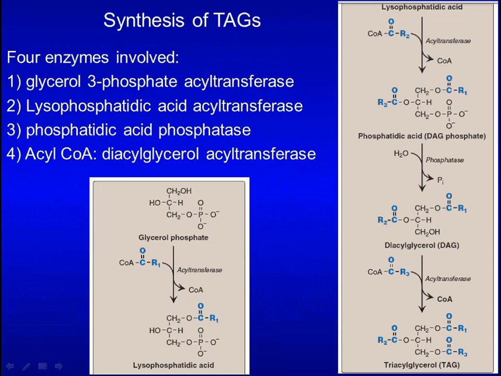Synthesis of triacylglycerol begins with glycerol 3-phosphate. Acyl transferase transfers the first acyl group from acyl-CoA to the C1 position of glycerol. Another acyl transferase transfers the second acyl group to the C2 position.